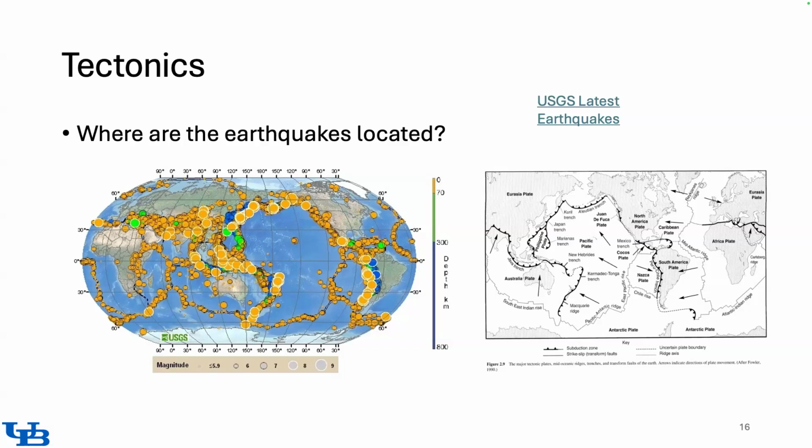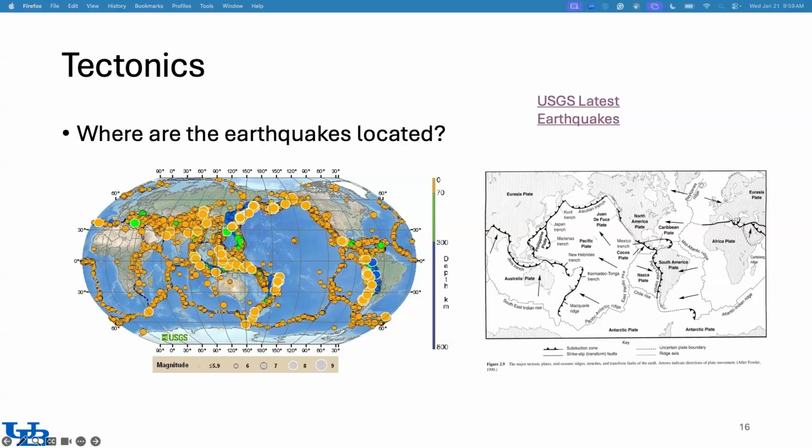Earthquakes are related to tectonics and plate boundaries. This is the earthquakes that happened within the past 24 hours that are magnitude 2.5 and above, and we'll see the majority of them are located along the boundaries of the tectonic plates. But we can also see that there are earthquakes that happen inside the boundaries.